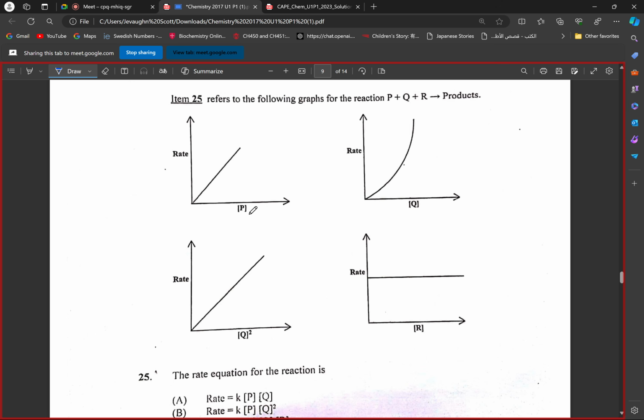What is the order of reaction with respect to P? Is it first? So P is first, right? Q is going to be second. This is also the square law. So in order to get the graph, it's going to be second generally as well, right? Because Q squared is going to be a straight line, and then this would be zero.